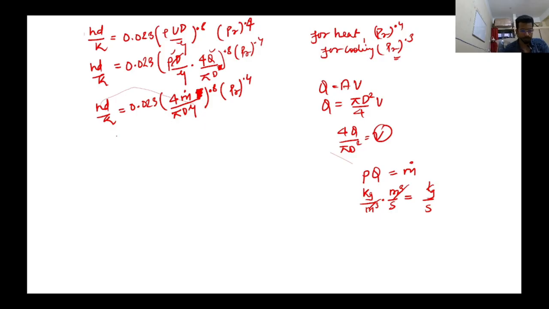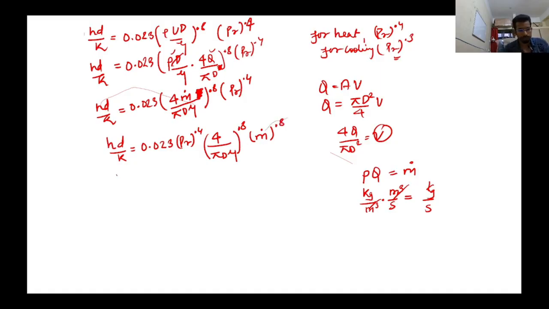Right, now h d by k is equal to 0.023, Prandtl 0.4, 4 upon pi d mu to the power 0.8. I just take the mass flow rate out.